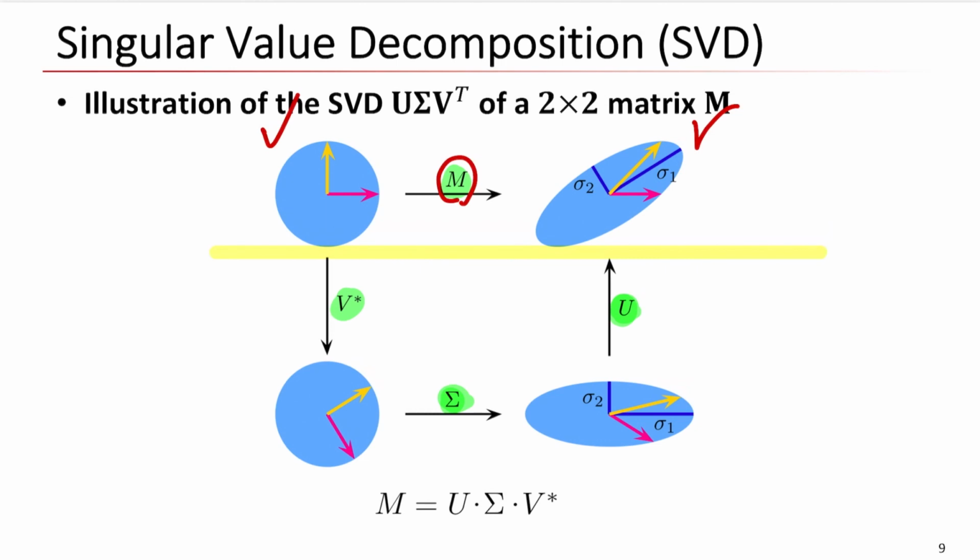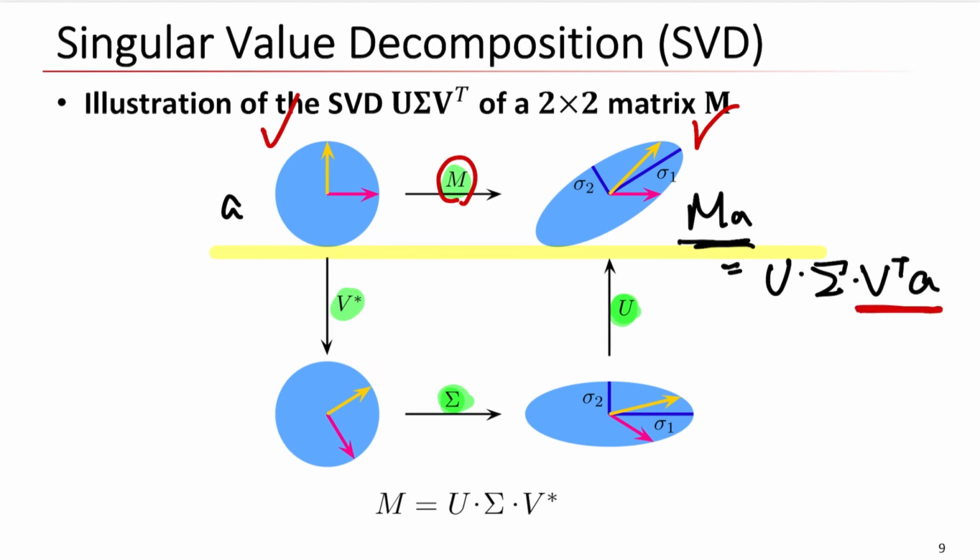Let's say we have an input matrix A. Then this is MA. Rather than just computing MA, we can compute U sigma V transpose A. First V transpose A is here, then sigma V transpose A here, and U sigma V transpose A here.